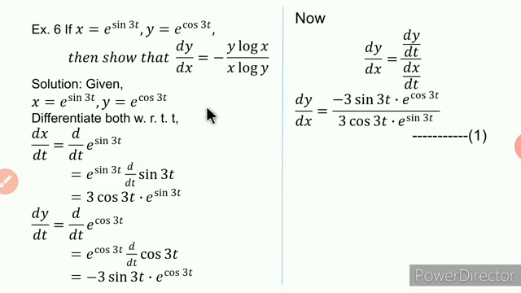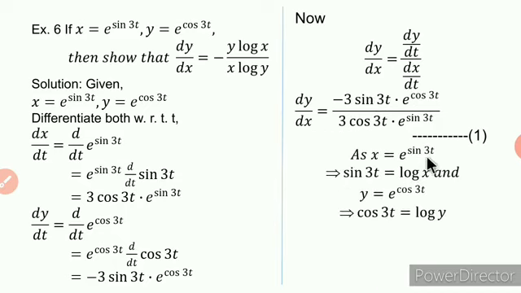Now we observe from the given thing e raised to sin 3t as x and e raised to cos 3t is y. But what about the values of sin 3t and cos 3t? So we use the given thing here. As x is equal to e raised to sin 3t, we get sin 3t is equal to log x. Similarly, y is equal to e raised to cos 3t.